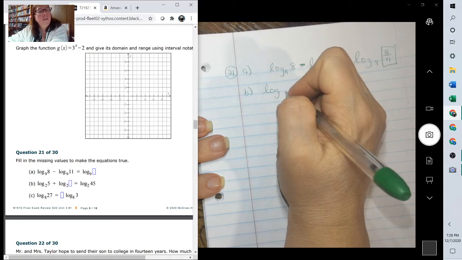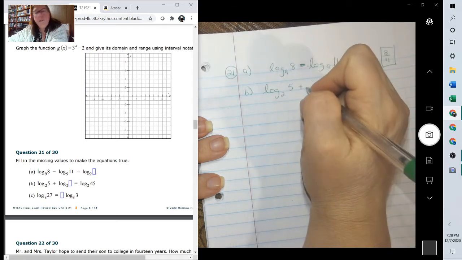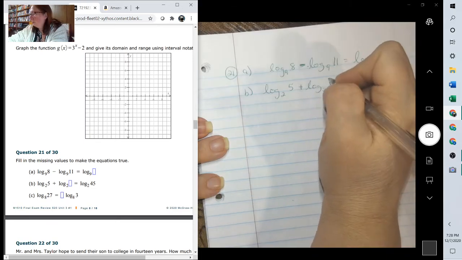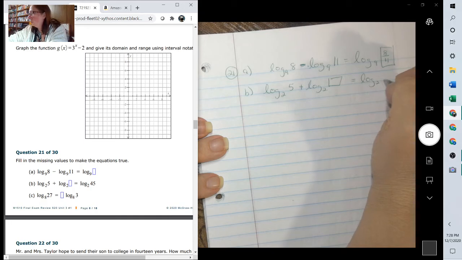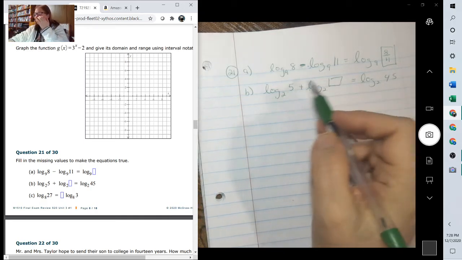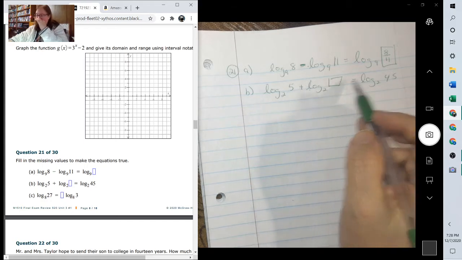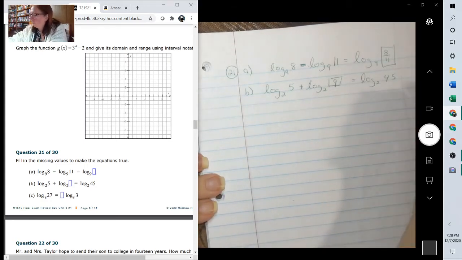Log base 2 of 5 plus log base 2 of something gives us log base 2 of 45. Well, when you are adding, you multiply, so 5 times what is going to give us 45? And that will be 9.